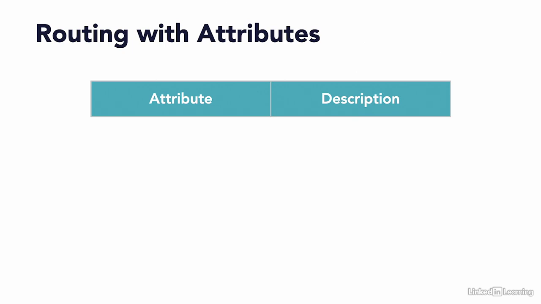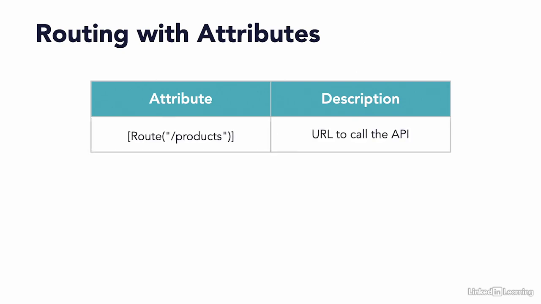There are, of course, several ways to achieve this, but the one I prefer is just to use attributes. Here's a simple example. If we have the Route attribute and we use it like this, Route("/products"), then basically we say use /products, so localhost port 12345/products, to call this very specific method. For instance, to retrieve all products.